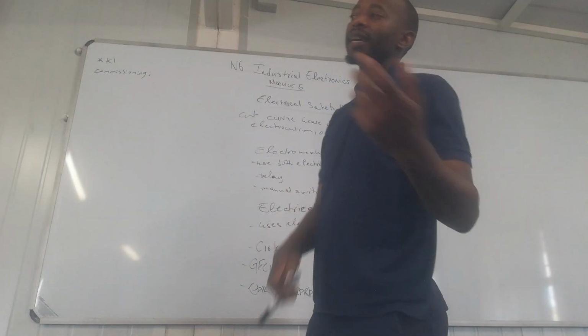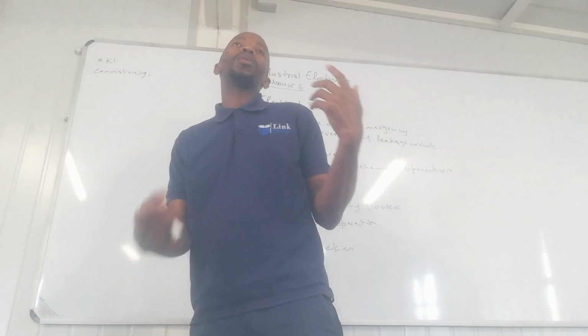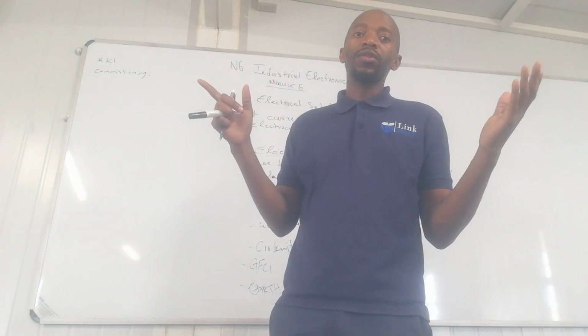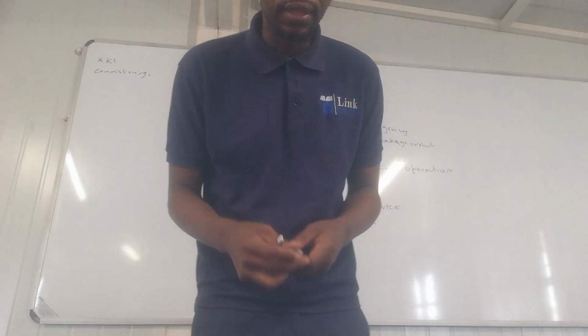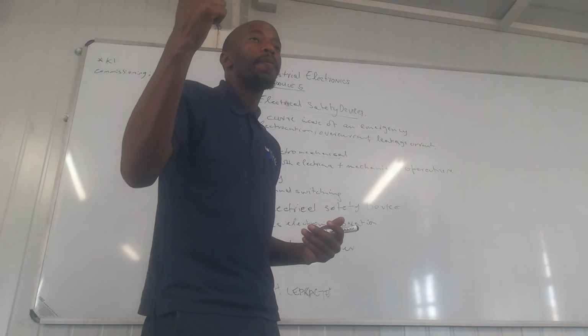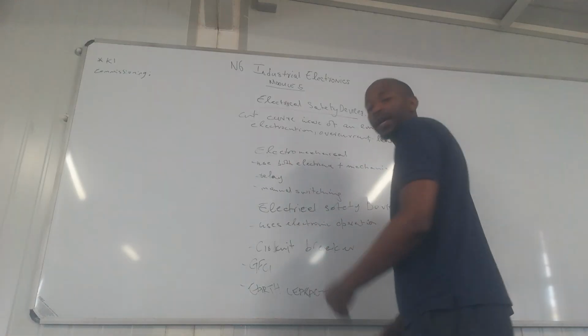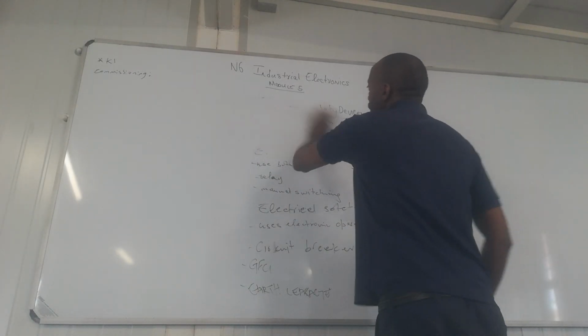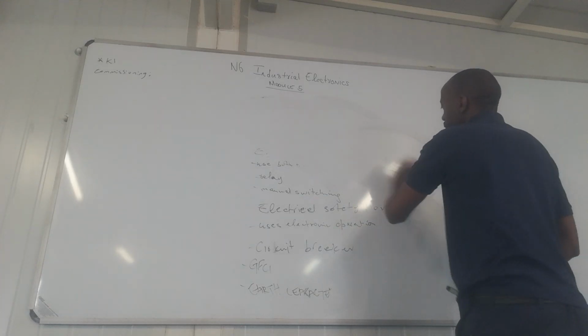Because in electrical you also find explosions when there is a bridge between phases. If there is a bridge between phases and the voltage is high, you may find an explosion. So these devices help in cutting current in case of that emergency.